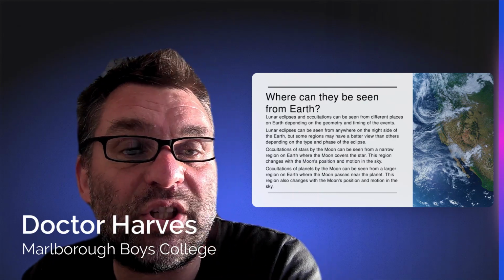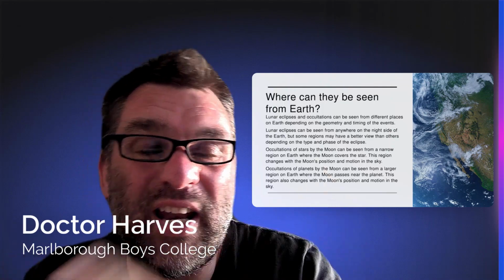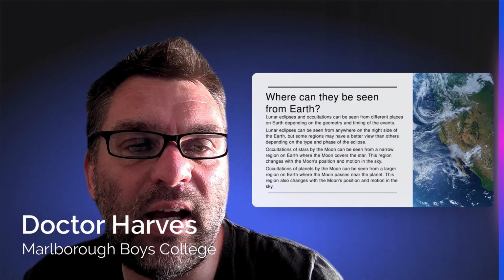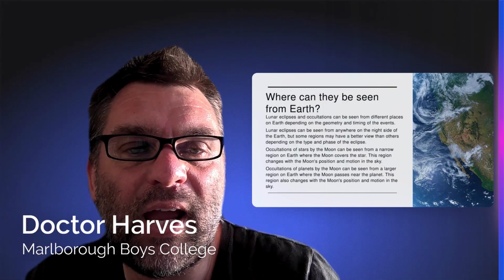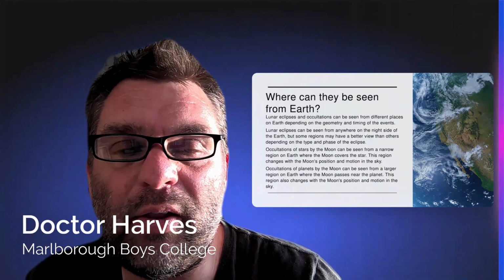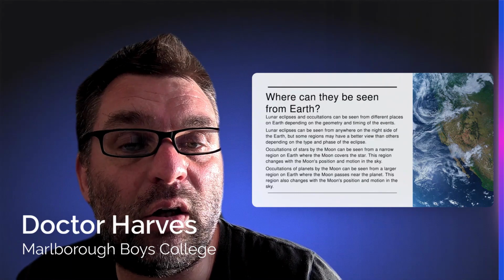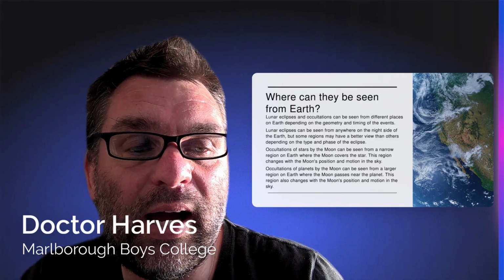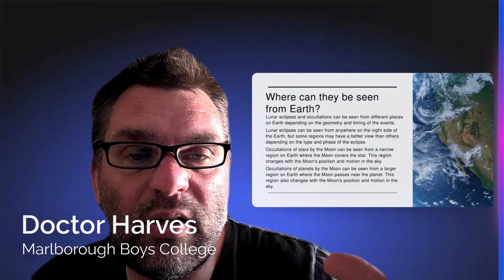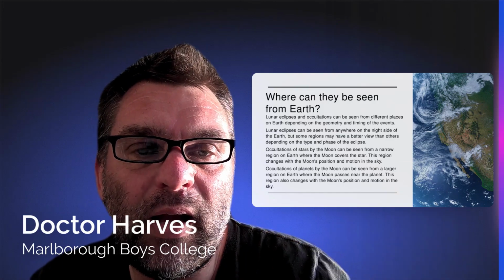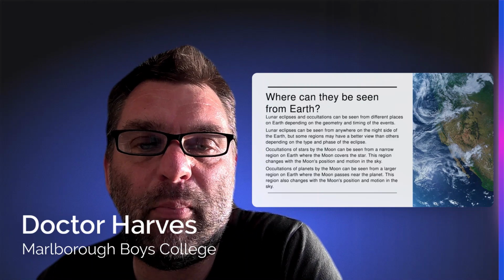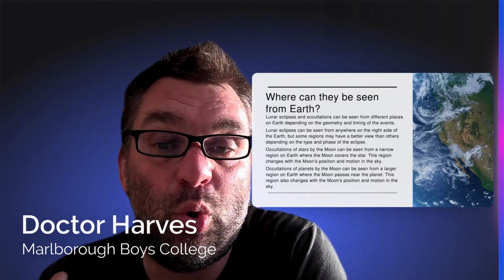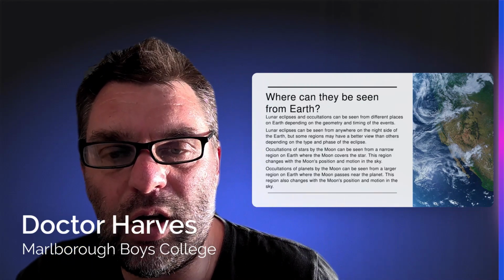Occultations with stars only occur in a narrow region, as we looked at in the last slide, where the Moon is covering the star, and that will change depending on the location on Earth. And those occultations that happen with planets are seen over larger areas when the Moon passes near a planet, but it also changes depending on the Moon's position and the motion of that planet and the Moon in the sky.